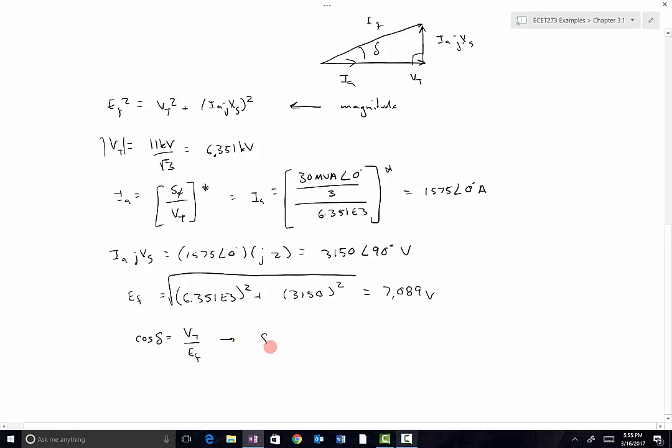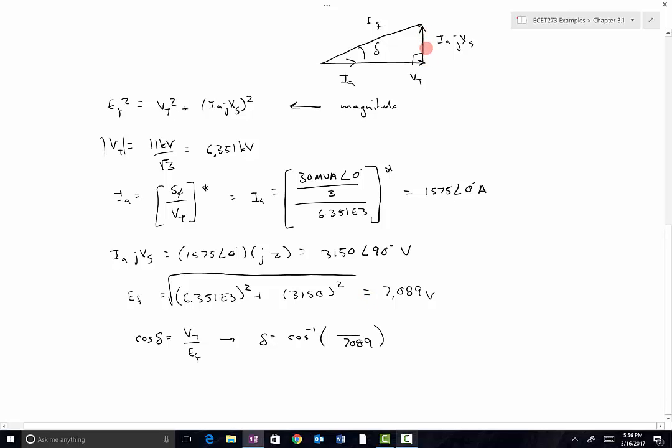And so that gives us delta is equal to the arc cosine of, excuse me, not 315.